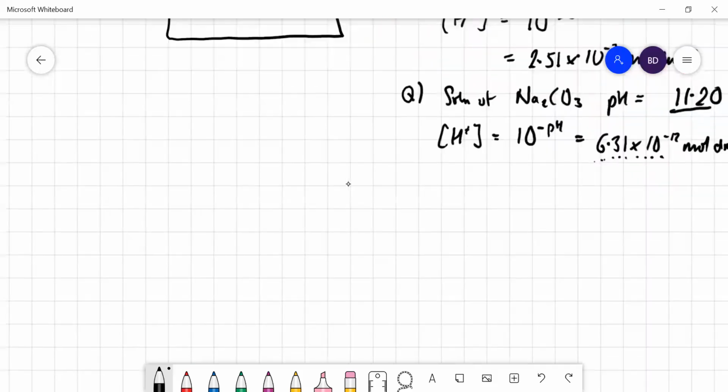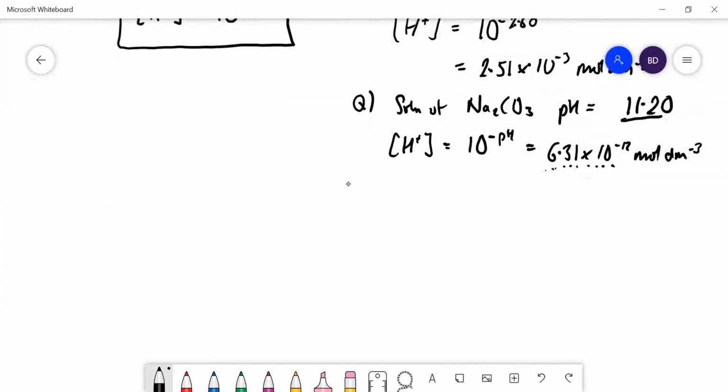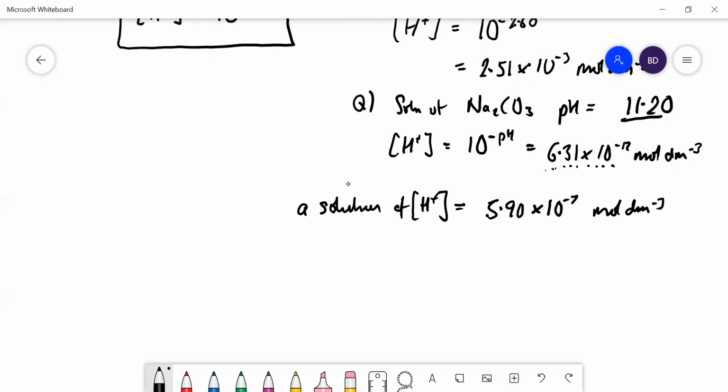Before we finish, let's just do the converse of that. Let's say we've got a solution of H plus ion concentration equal to 5.90 times 10 to the minus 7 mole per decimeter cubed. What's the pH of that? So pH, you just do minus log of that number on your calculator.